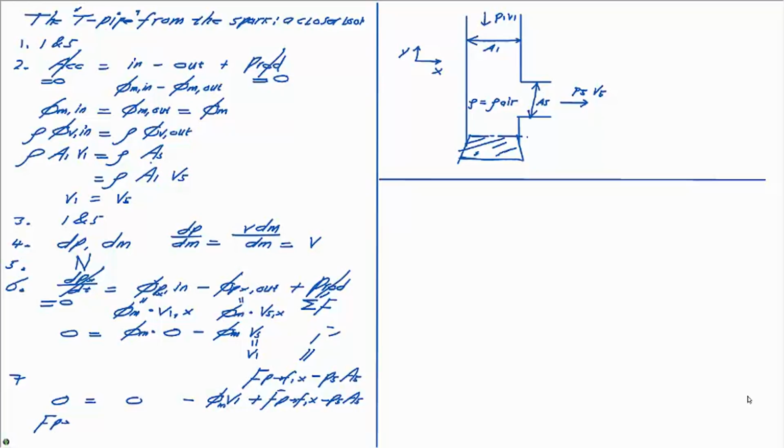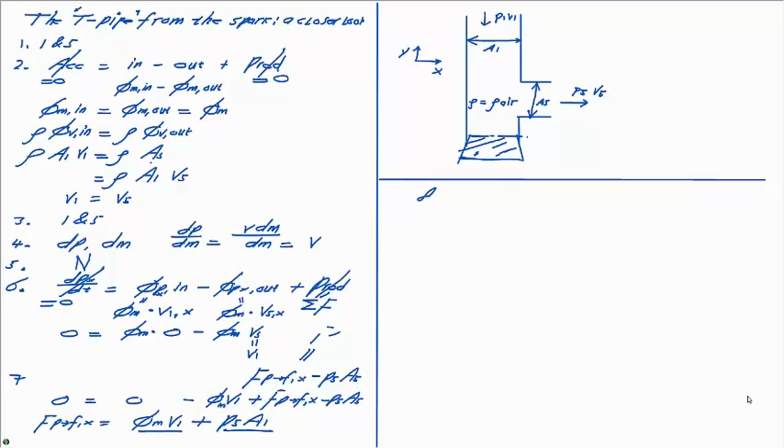Fp on F in x is phi m v1 plus P5 times A5, but recall that A5 is exactly equal to A1, cross-sectional area A1. So these two terms make up Fp on F in x.